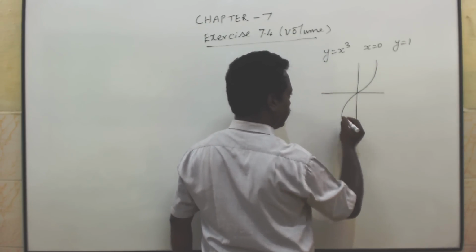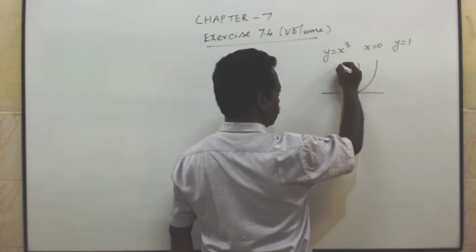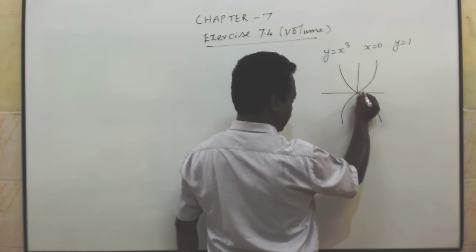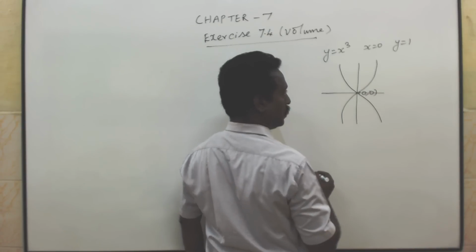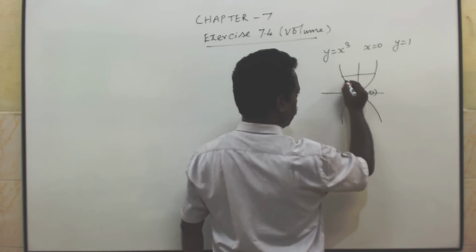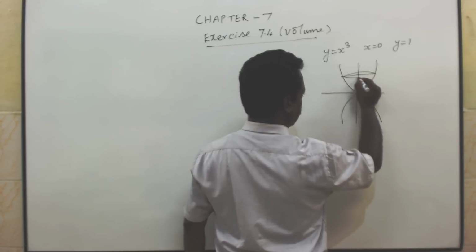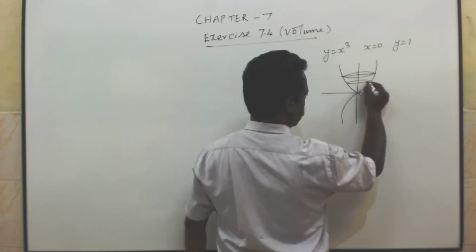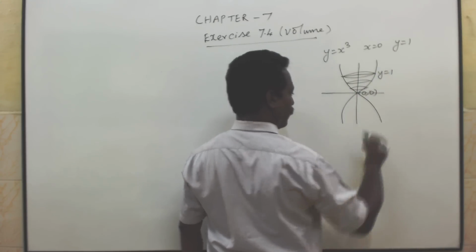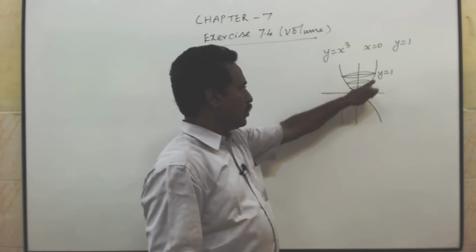It looks like that, and if rotated about the y axis we get this shape. When x equal to 0, y is also 0. This is the line y equal to 1. Revolves about which axis? Y axis. So here y equal to 1, therefore the limit is 0 to 1.